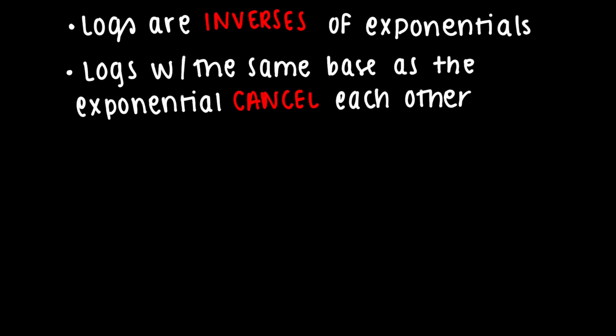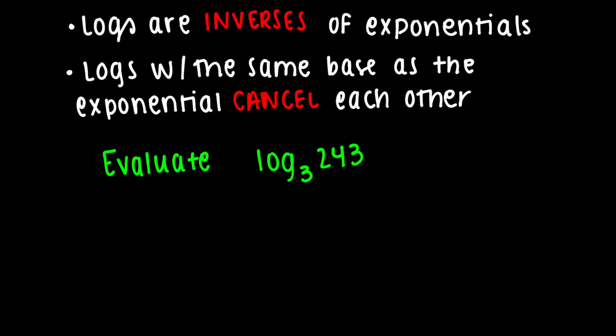So what I mean by that is I'm going to ask something like evaluate, and I'm going to give you log base 3 of 243. Now, I'm telling you that the base here is 3. That's just from knowing what the form of a log is. By telling you that, I'm also telling you that this next part, this 243, needs to be rewritten in that base.